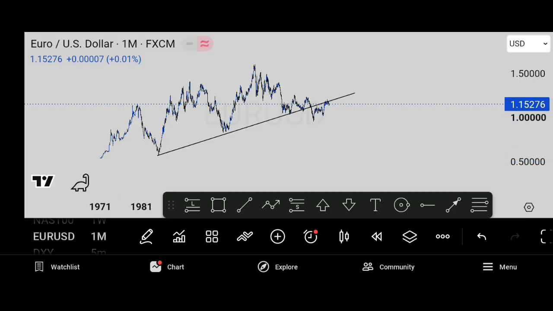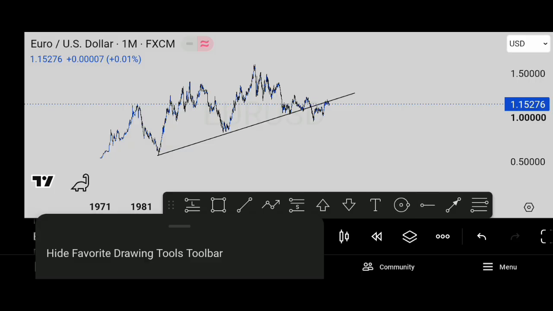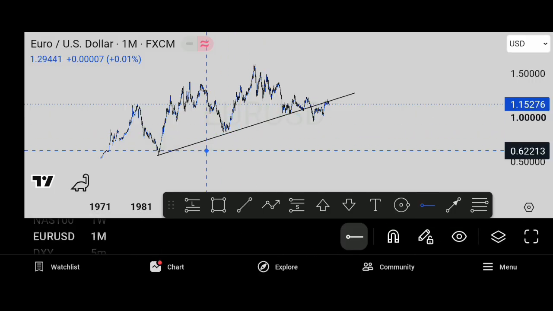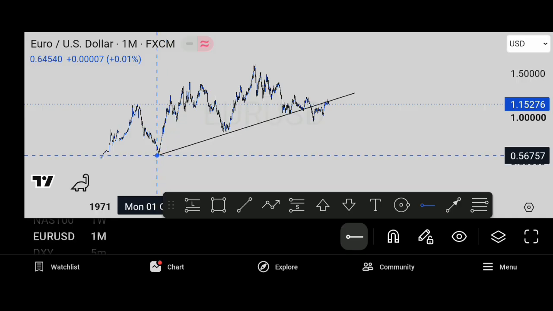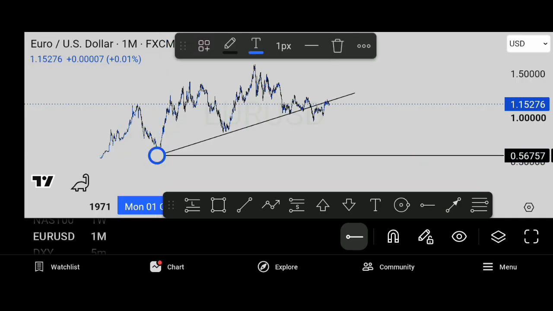So that clearly means that Euro USD will start selling all the way to this point, hopefully, right?